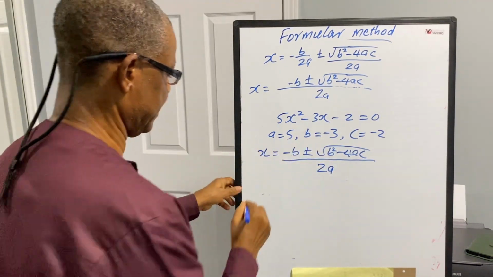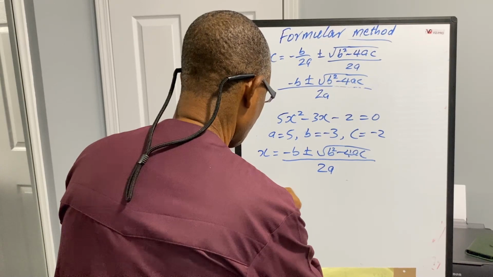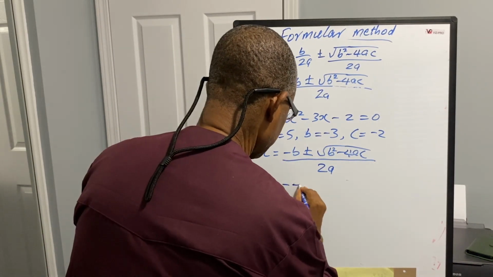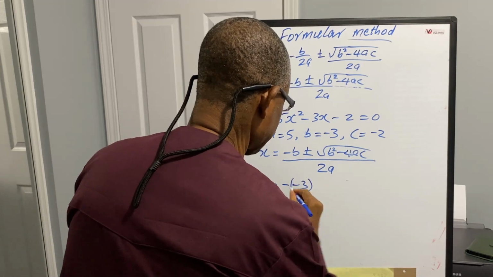b is minus 3. So we have x equals minus this very minus, then b is minus 3. When two signs come together, you bracket one.